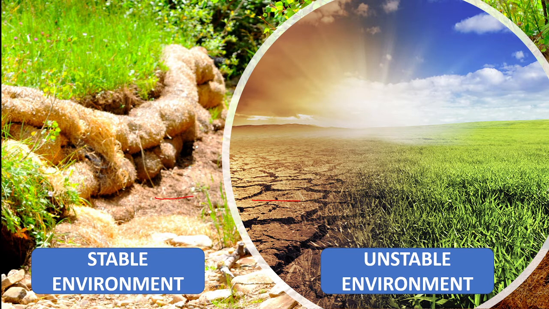Here in this picture you can see it is a normal condition. So we say that this environment is an unstable environment because the environmental conditions are changing here. These are not very predictable. In this case the environment is stable, that means the environment is predictable.